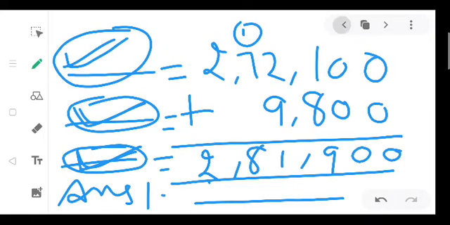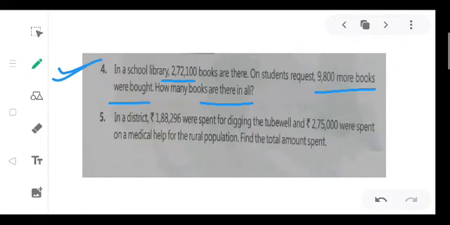Same way, question 5. In a district, 1,88,296 were spent for digging the tube well and 2,75,000 were spent on a medical help for the rural population. Find the total amount spent. Now what comes in your mind? A district like your district.